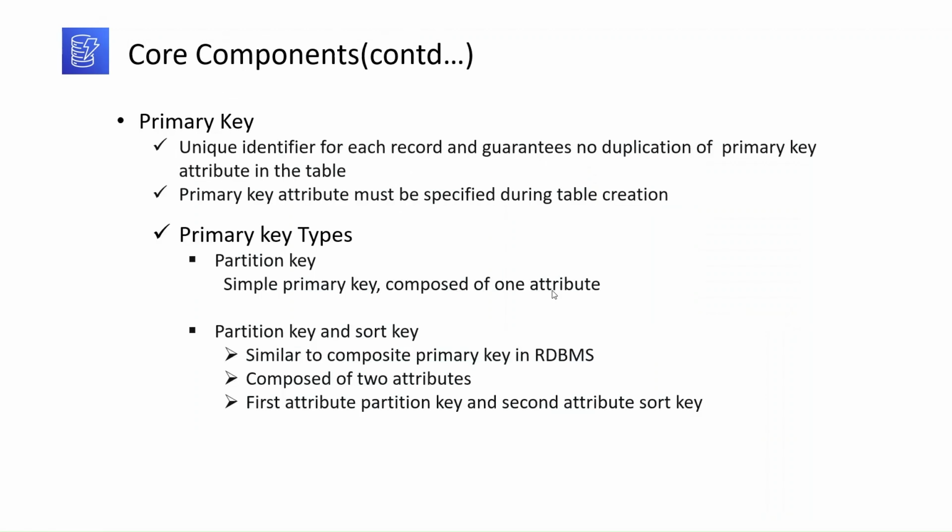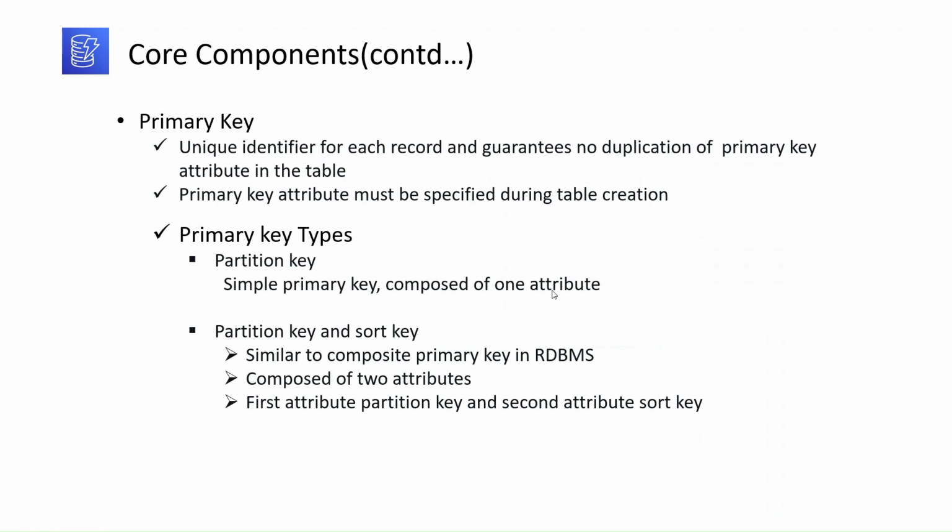Next, let's see what is a primary key. It's a unique identifier for each record and guarantees no duplication of primary key attribute in the table. And the primary key attribute must be specified during table creation. There are two types of primary keys in DynamoDB table.